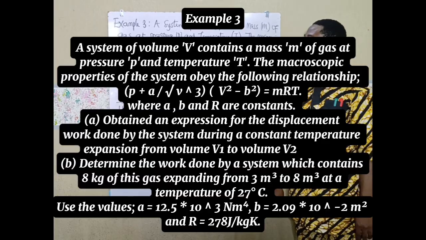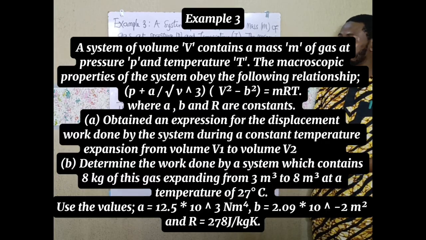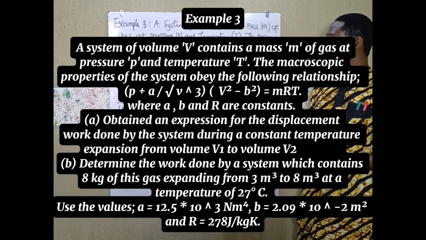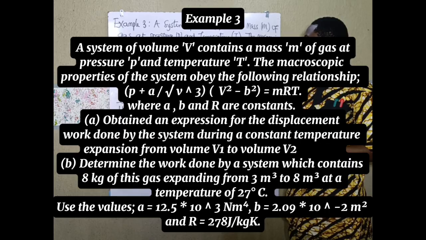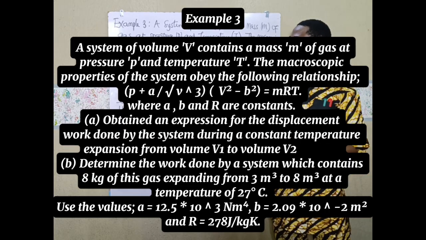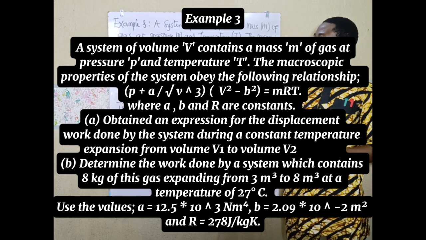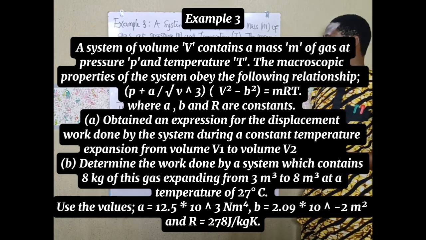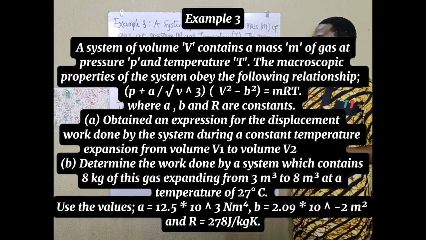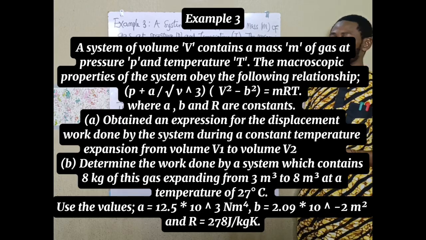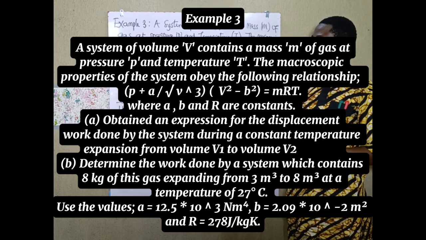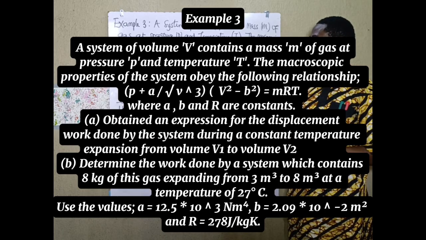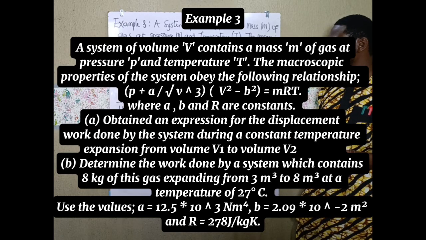Example 3. A system of volume V contains mass m of gas at pressure P and temperature T. The macroscopic properties of the system obey the following relationship: P plus A over V squared, then open bracket, V minus B, close bracket, equals mRT, where A, B, and R are constants. A. Obtain an expression for the displacement work done by the gas during a constant temperature expansion from volume V1 to volume V2.